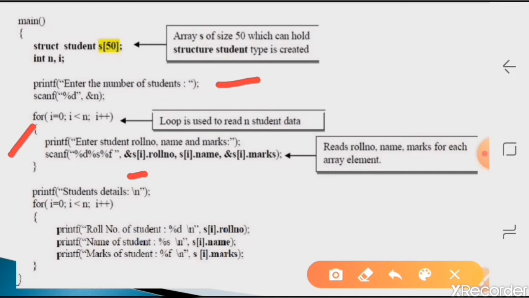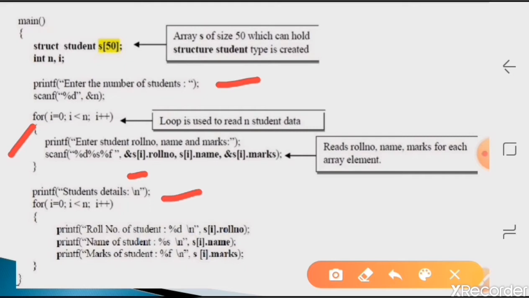That reads the first student's information: s[0].roll_number, s[0].name, s[0].marks. So in the first iteration of the for loop it reads one student's information, and like that it reads up to n students' information, storing it all in the array of structure.